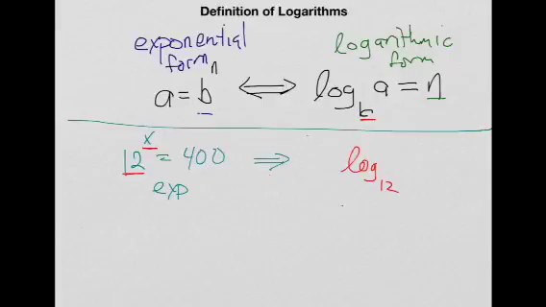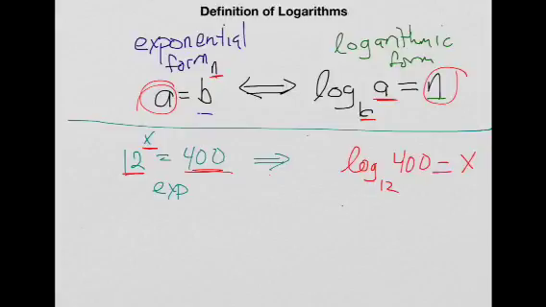My input is x, so that's going to now be my output. The log base 12 equals the number x. And then my output from the exponential is going to be the input for the log. So that's 400. The log base 12 of 400 equals x.